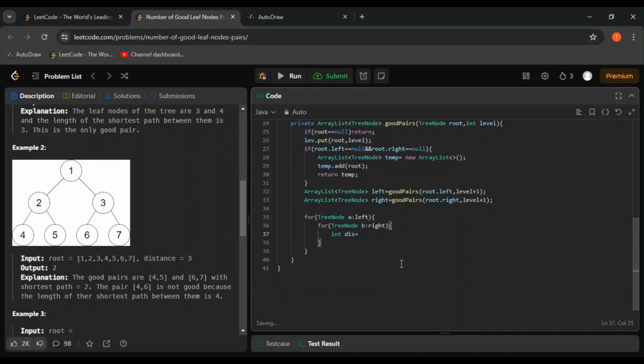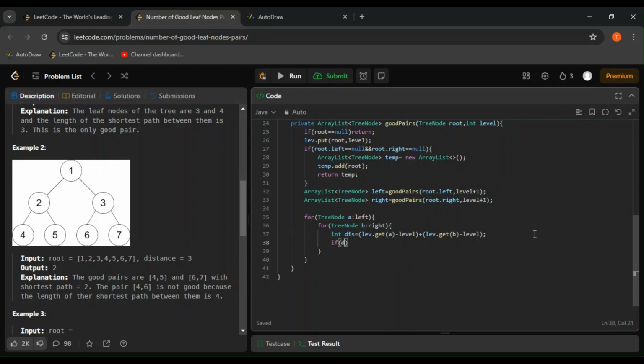So one is A's distance from the parent. So map is lev. Lev dot get A minus level plus lev dot get B minus level. Correct. So four's distance from the parent, five's distance from the parent, sum it, you get the total distance.